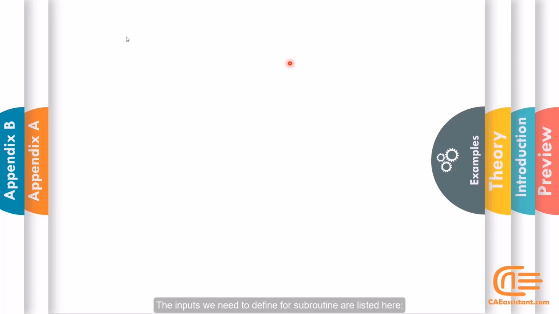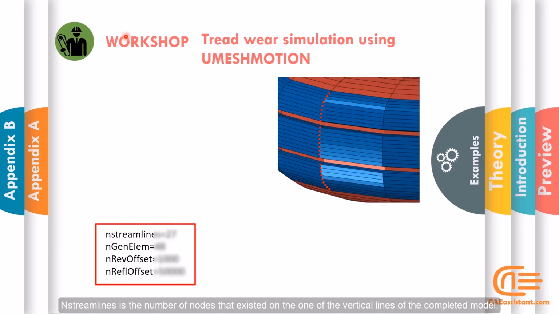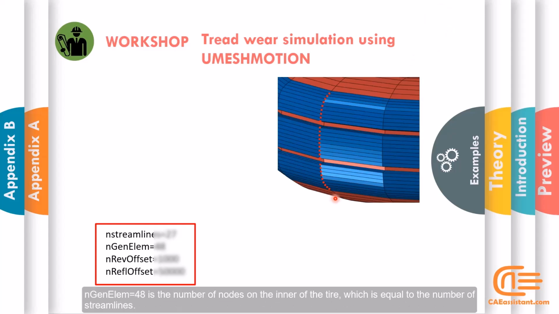The inputs we need to define for the subroutine are listed here. N streamlines is the number of nodes that exist on one of the vertical lines of the completed model. NGN-LM equal to 48 is the number of nodes on the inner of the tire, which is equal to the number of streamlines.